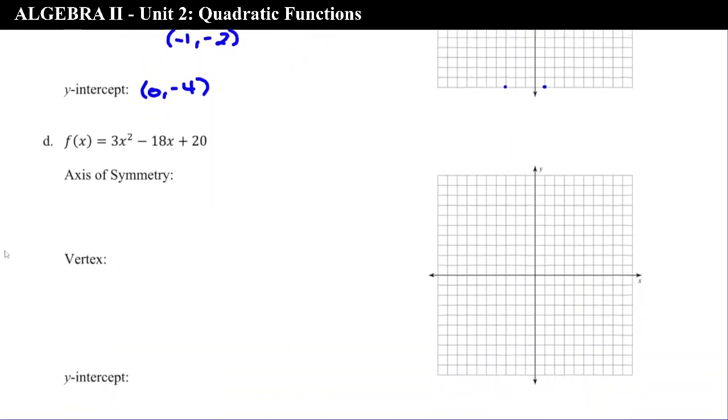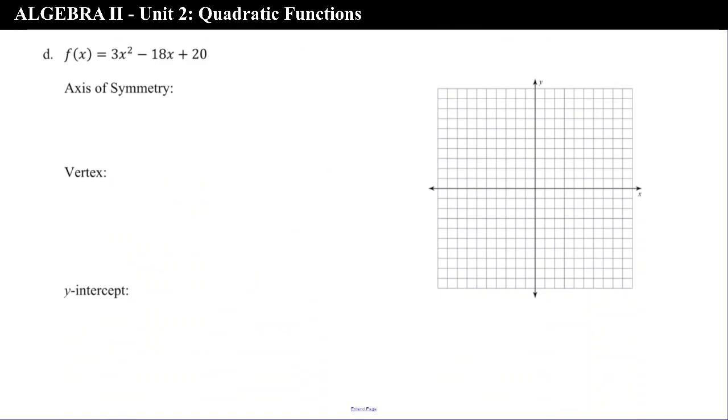Moving on to D. Our axis of symmetry, we have x equals minus b over 2a. Our b here is negative 18. Our a is 3. So we're going to have 18 over 2 times 3, which is 6. So 18 divided by 6, that gives us 3.